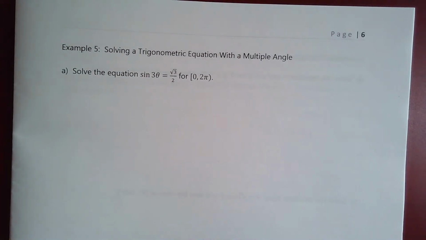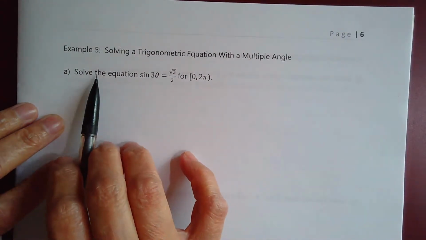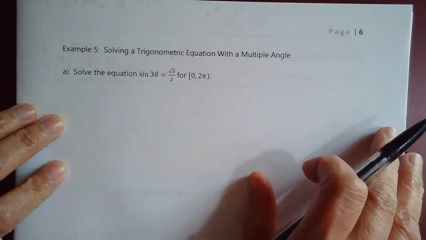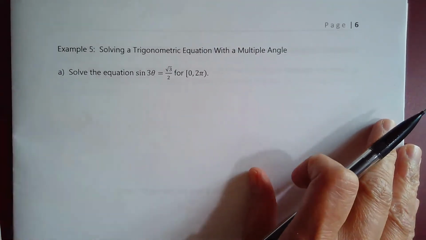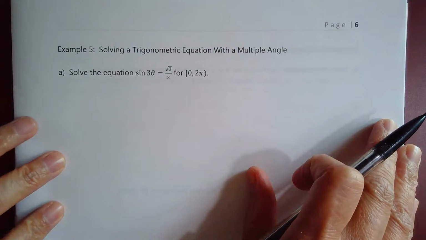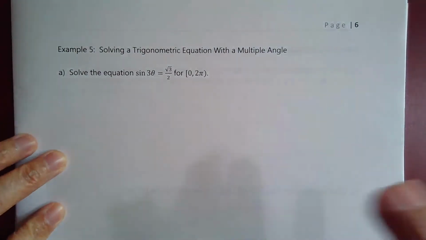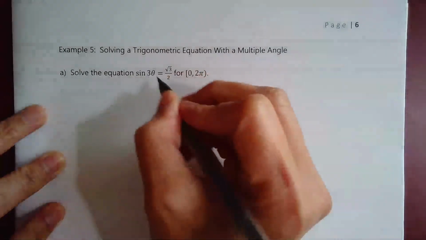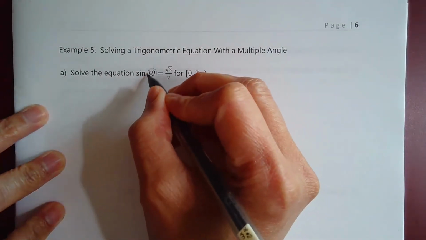Let's see here. I'm actually going to solve it for this 0 to 2 pi, and then I'm going to write down the general solution for any values for theta. So let's get started. We're going to look at this as a whole.